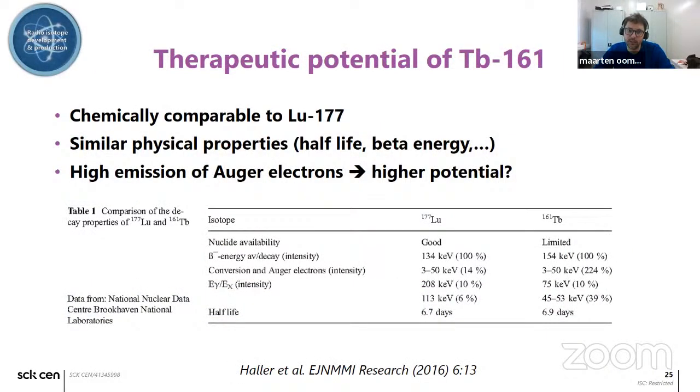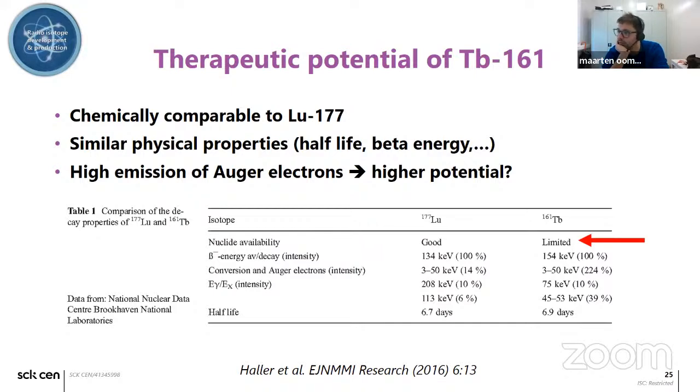I mentioned already that currently all therapy in the clinic focuses on lutetium-177. Terbium-161 is also a lanthanide, so it's chemically quite comparable to lutetium-177. It has similar physical properties: the half-life is approximately the same, and the beta energy is not that far off.